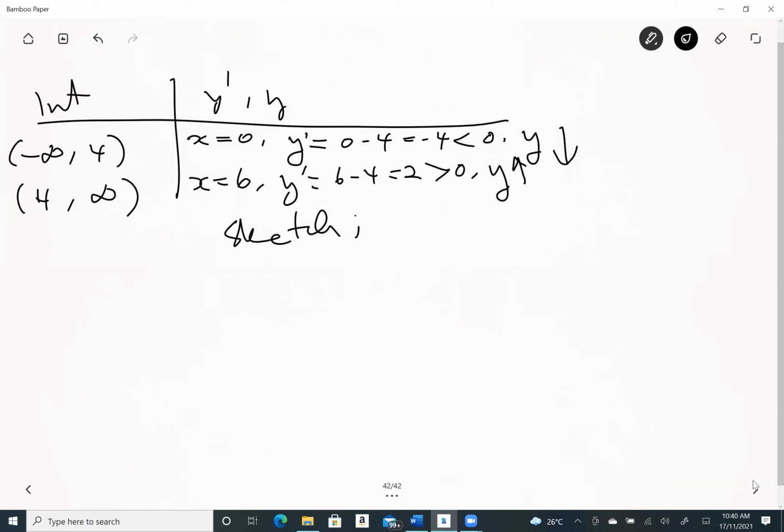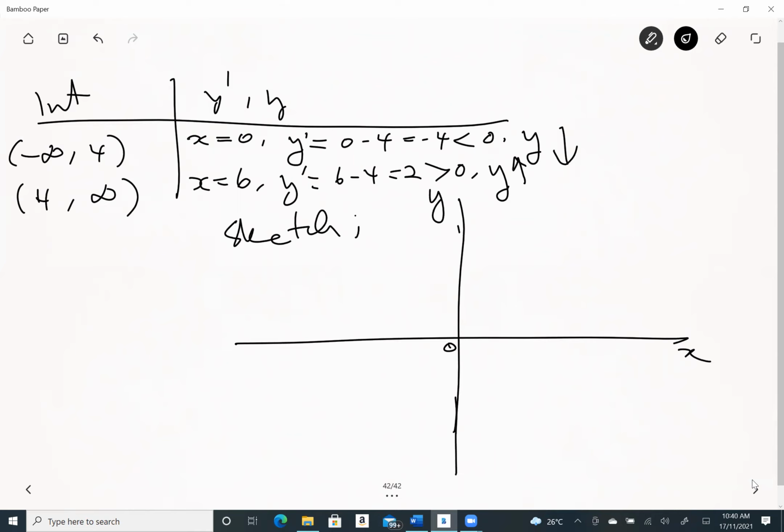What you need is only the graph, and then you locate the critical point. You don't have to put the scale. Don't worry about scaling here because you want to sketch. Even you don't have to worry about the intercept. Don't worry about anything. We are not going to get the intercept unless you want to find the intercept. So what you need is only the critical point.